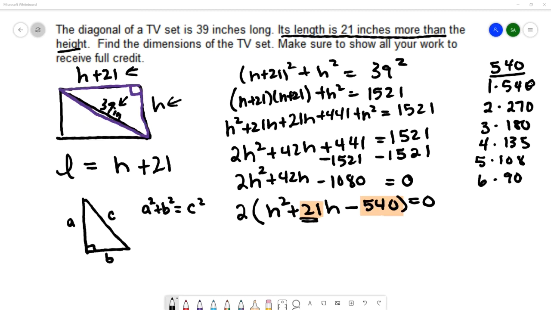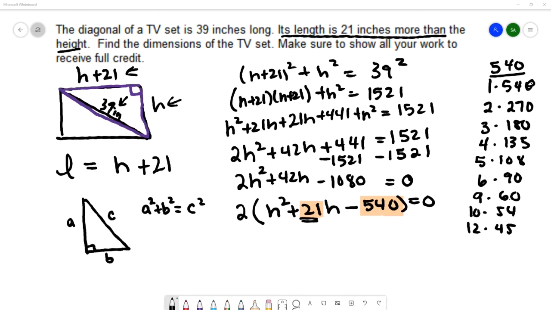Yes, 9 will. 9 times 60, 10 times 54, and then I don't think 11 does, how about 12? 540 divided by 12 is 45. And let me subtract those two. 45 minus 12 does not give me 21. So let me keep going.